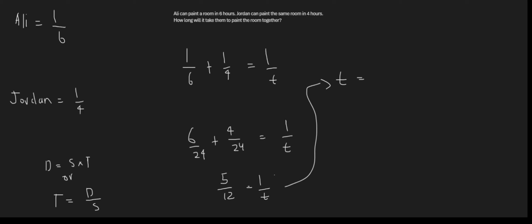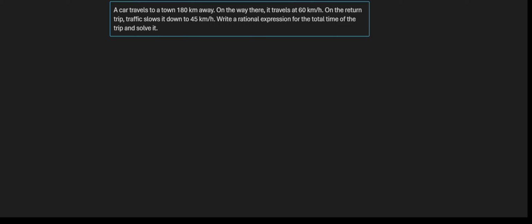And now all we gotta do is flip it, or take the reciprocal, and you get 12 over 5 equals time. So 12 over 5 hours is what they take to paint together. So the answer is Ali and Jordan will take 12 over 5 hours to paint the room together. And as a rough estimate, that'd be around 2.4, something around that.